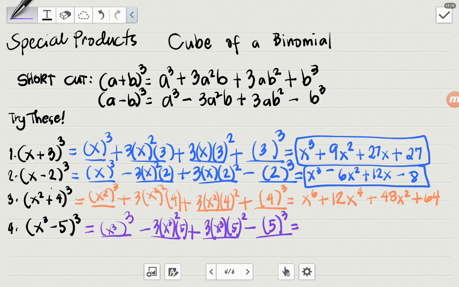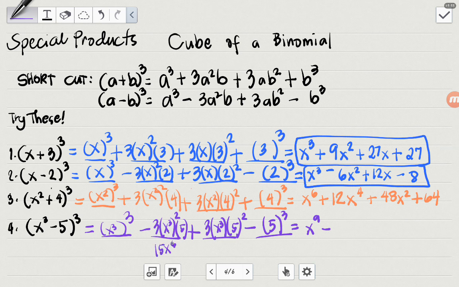Okay. So this is cube of x cube, power of a power, multiply lang natin to. So x raised to 3 times 3, 9. Plus, that's minus square ni x cube, x raised to 6, 5 times 3, 15.